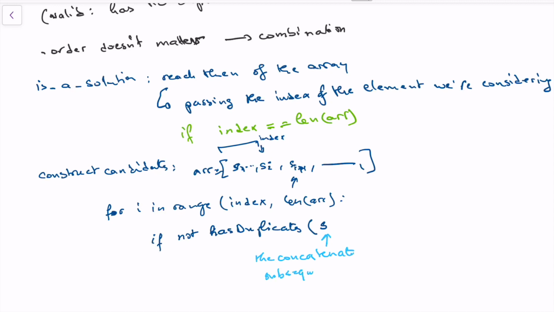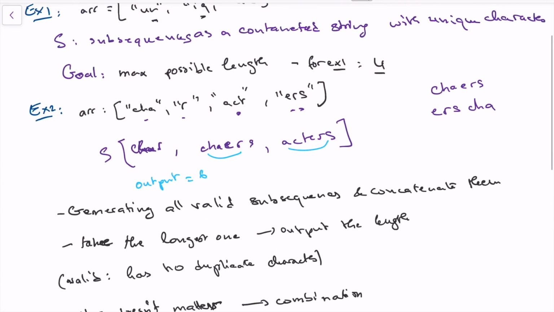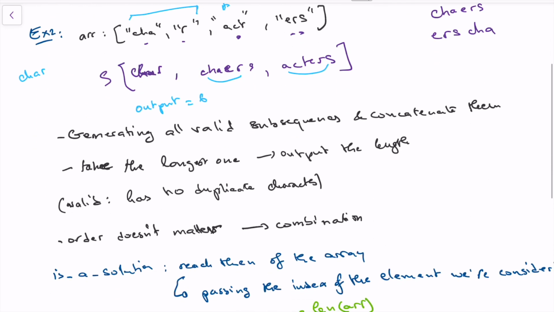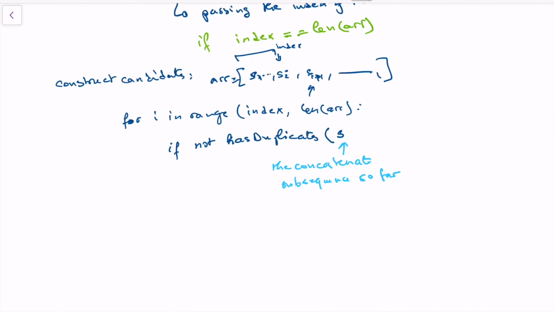When we are here, the concatenated string we would have so far is these two, because it doesn't violate any constraint. And then we could add the element at position i. And if it doesn't have duplicates, then let's just take that, backtrack and go to the next position with that solution.